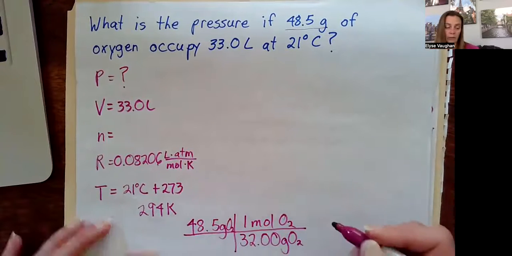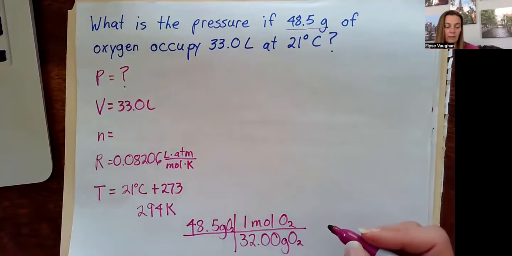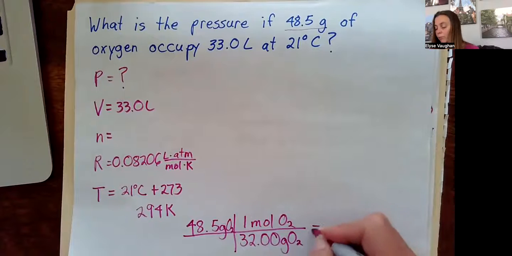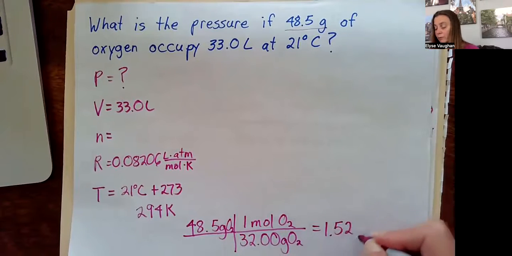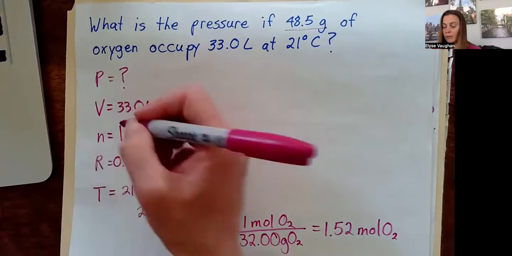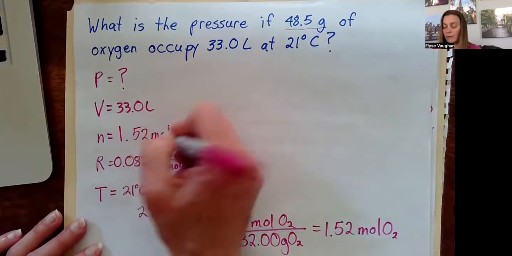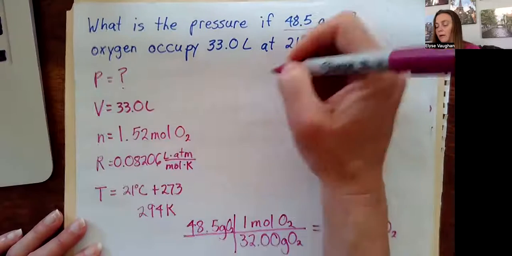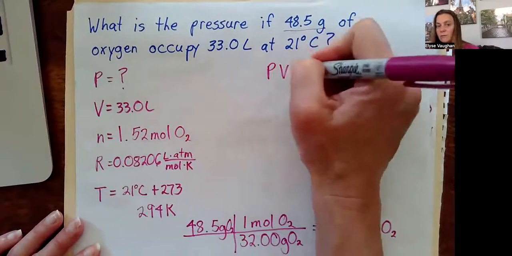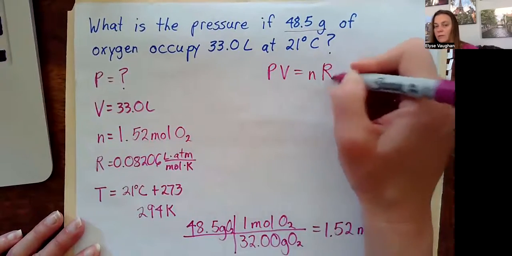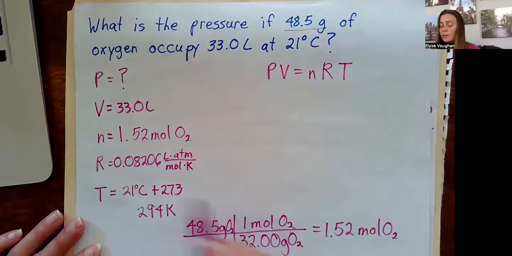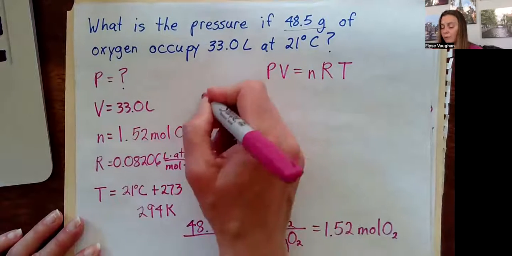And so we're going to convert that, and we get that we have 1.52 moles of oxygen. And so this becomes 1.52 moles of oxygen, and PV equals nRT. And so we're going to solve for P.